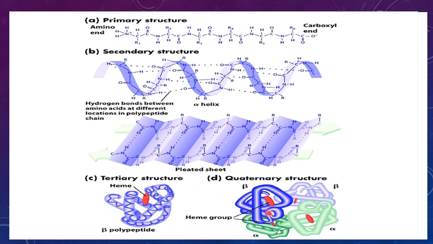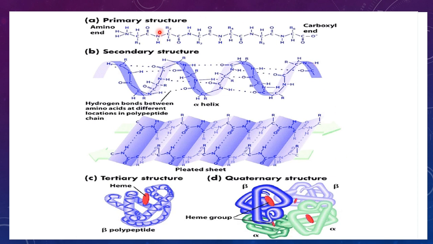And then coming to the fourth one, the quaternary structure, found only in multimeric proteins, where two tertiary structures join as a subunit. So two tertiary structures are joined, giving rise to a subunit, and that's how the quaternary structure is formed.